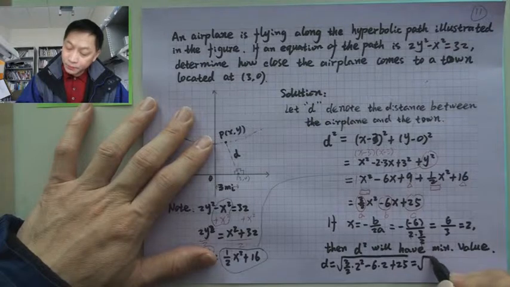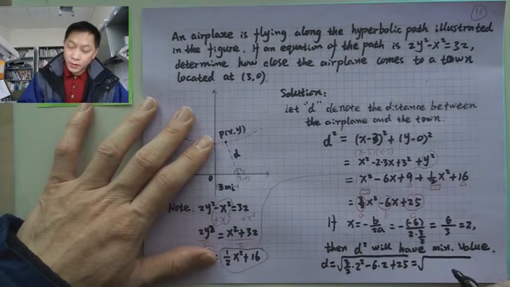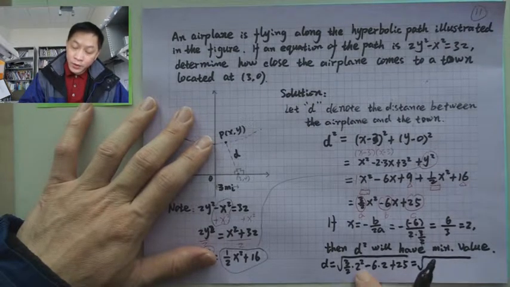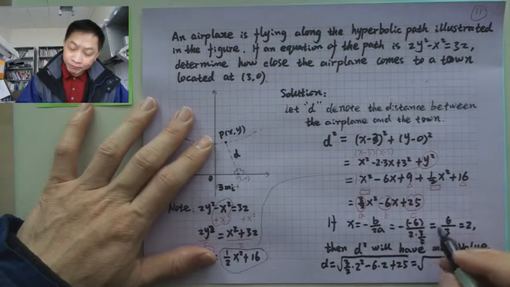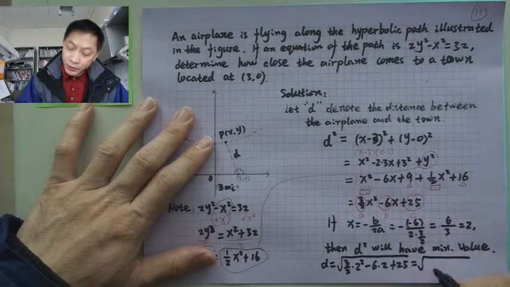What do we get? Here you cancel the 2, then you have 2 times 3, that's 6.